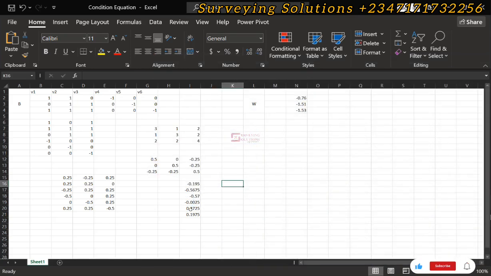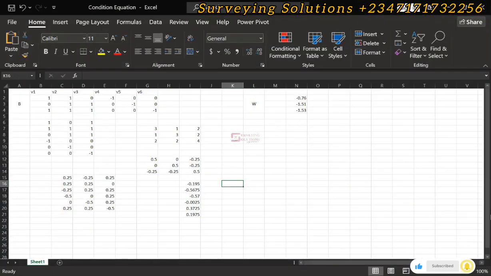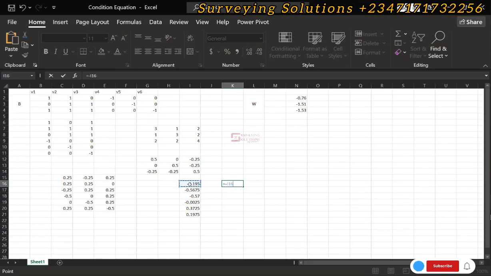Now if we come back to the expression we used to solve the problem, we are going to see that we have a negative sign that multiplies the whole of the expression, right? So whatever value we have, we are still going to multiply it by a negative sign. That means we come back here again, equal to minus this, Enter.